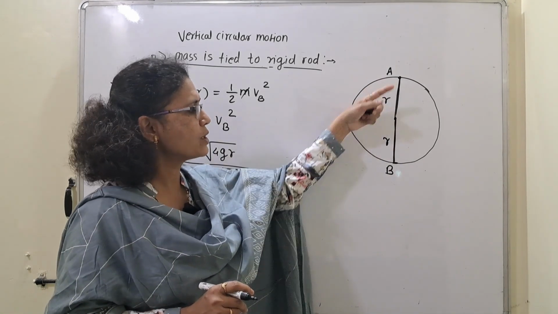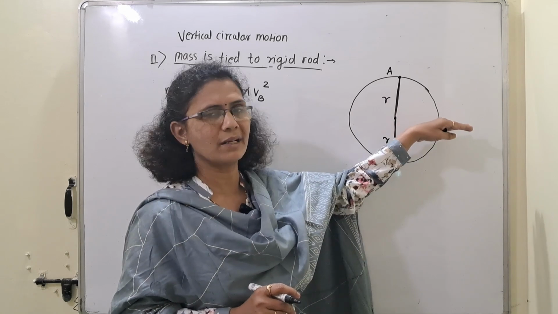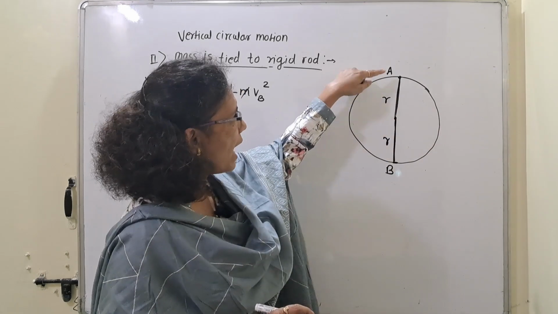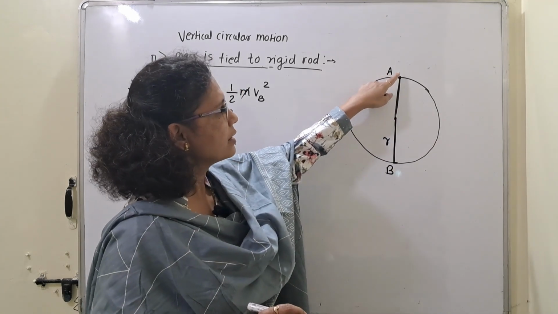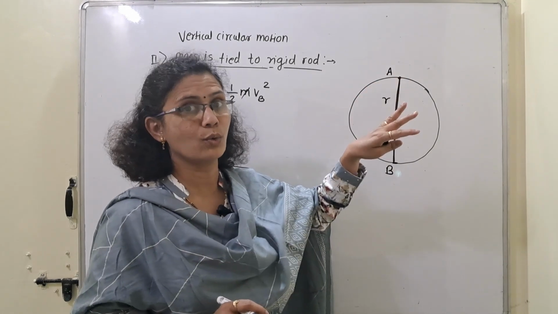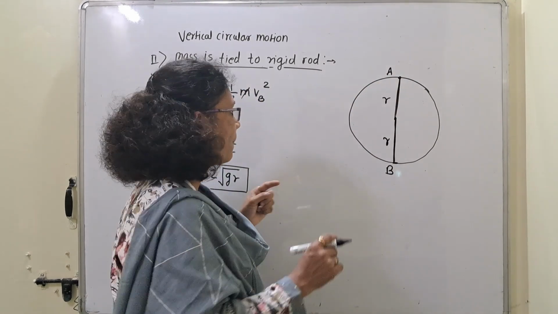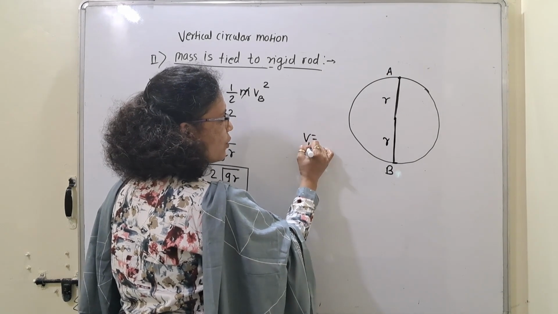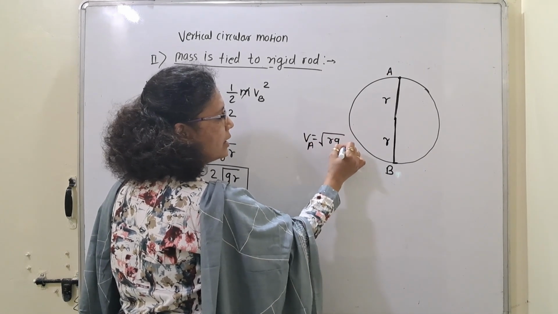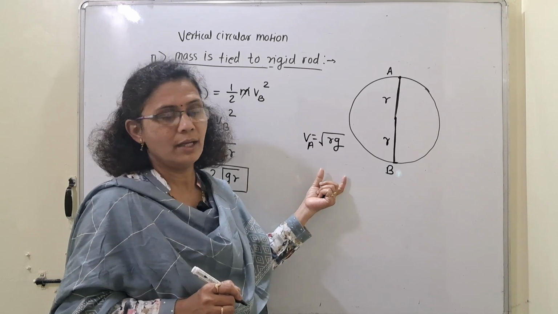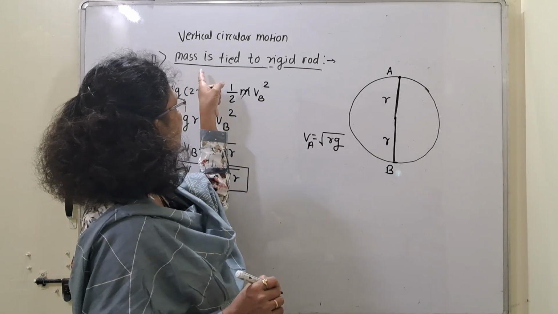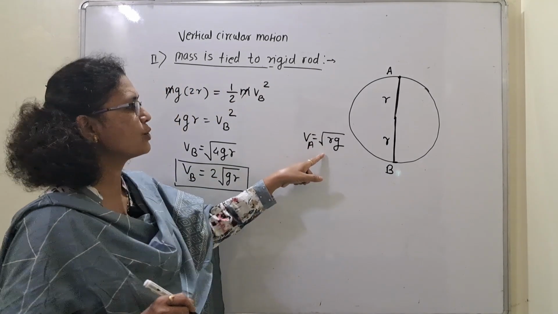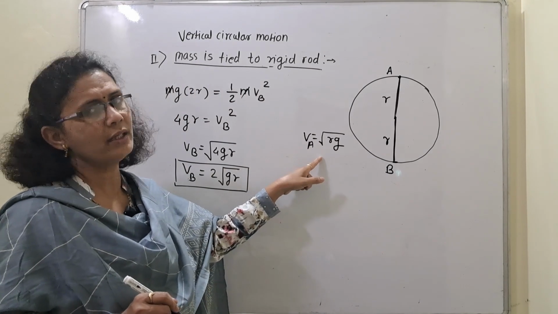This is the uppermost position, this is the bottommost position, this is the middle position. At the uppermost position, the velocity will be totally zero. In the flexible string, when we considered vertical circular motion, the velocity was Va equal to under root Rg. But in case of a rigid rod, the velocity will be zero, Va will be zero.